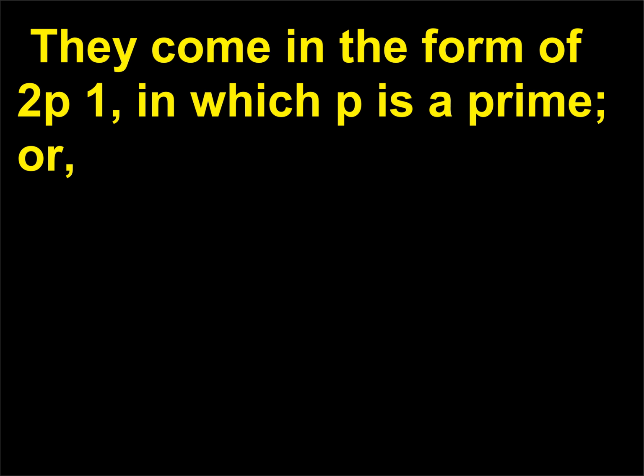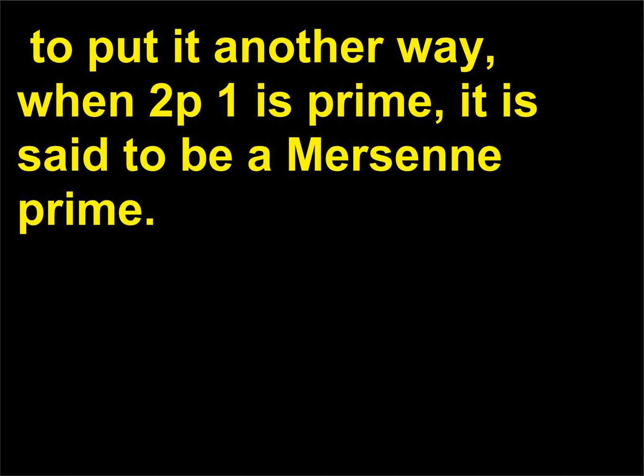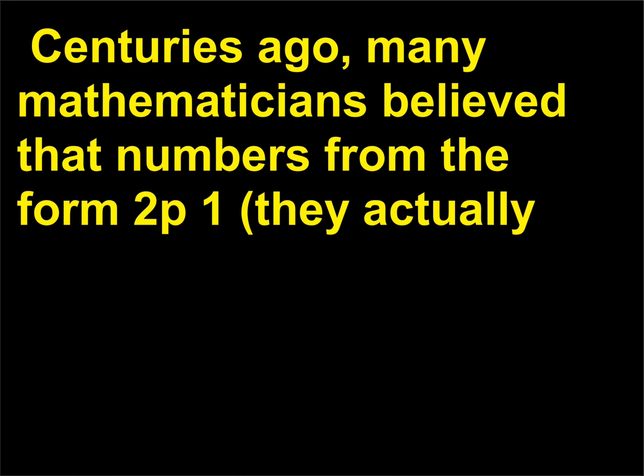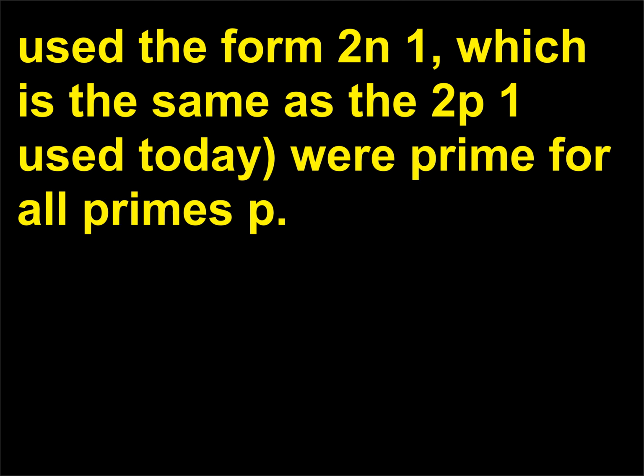They come in the form of 2^p − 1, in which p is a prime, or, to put it another way, when 2^p − 1 is prime, it is said to be a Mersenne prime. Centuries ago, many mathematicians believed that numbers of the form 2^n − 1, which is the same as the 2^p − 1 used today, were prime for all primes p.